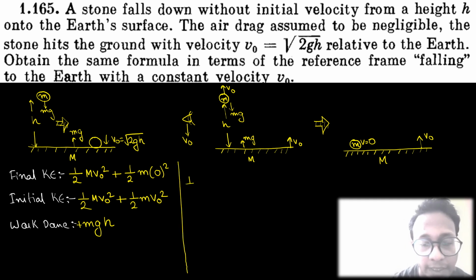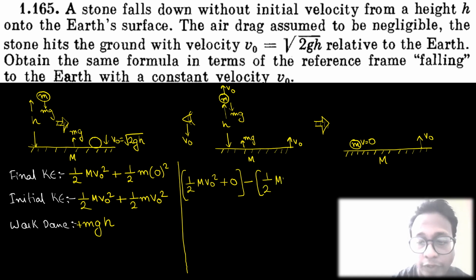Final kinetic energy, half m v naught square plus 0. This entire thing is 0 minus initial kinetic energy. Initial kinetic energy is nothing but half m v naught square plus half m v naught square is equal to mgh.